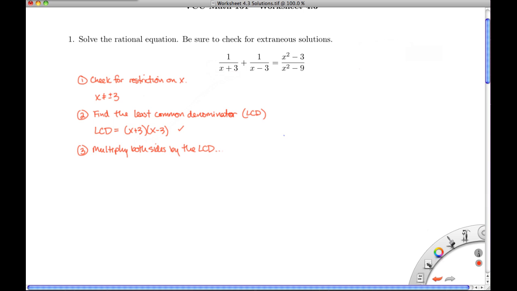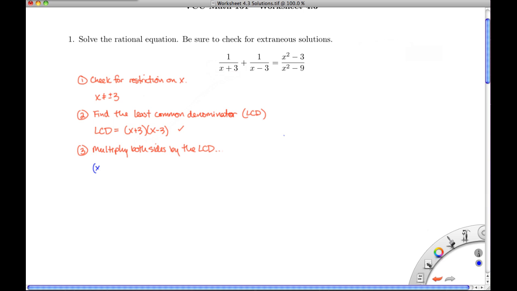So if there's more than two terms here, we're going to need to make sure that we multiply every single term in this equation by our least common denominator. So here's how we would go ahead and do this. So we've got our LCD, and you don't necessarily need to show this step in your work, but it's good to at least see it the first time.